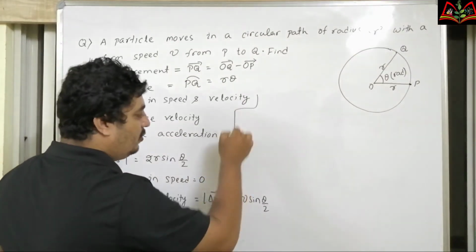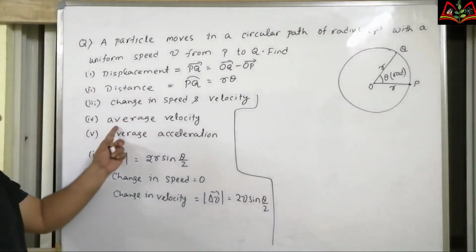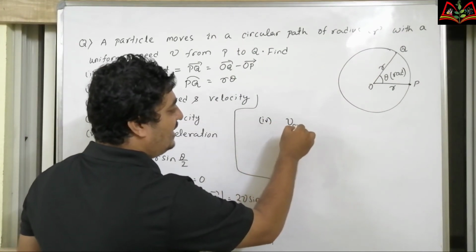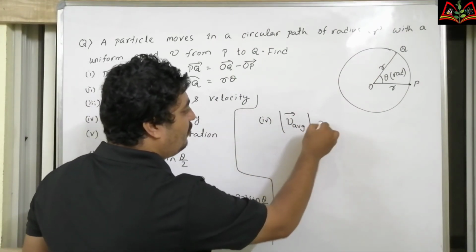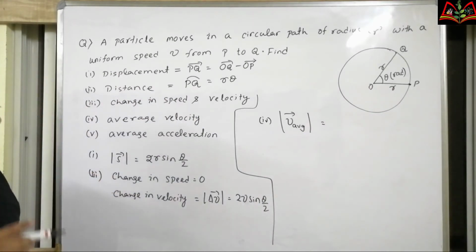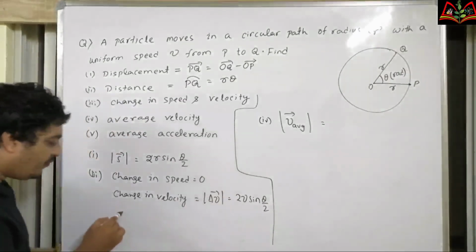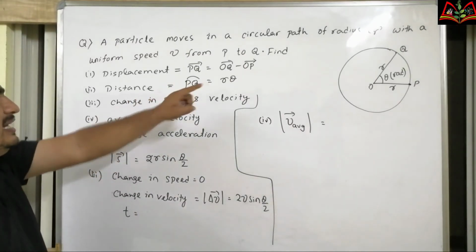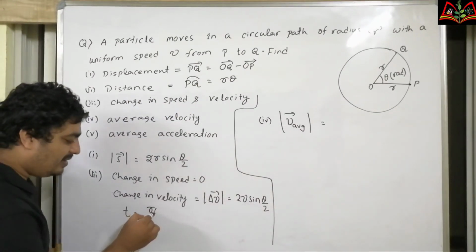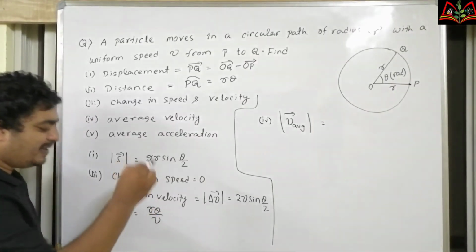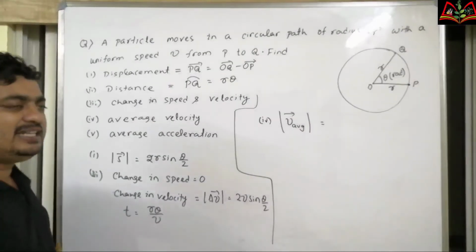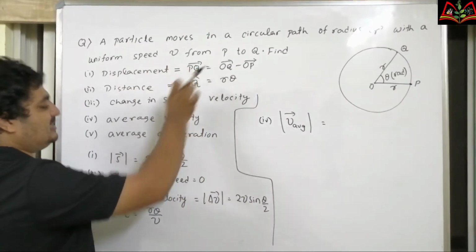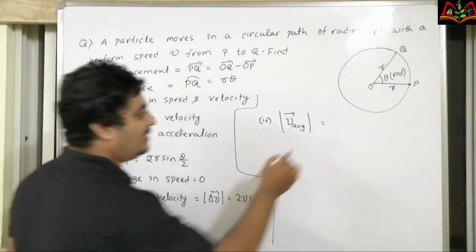Next part is average velocity. Now v average equal to total displacement by total time. So we have to find the time t here. Time equal to distance by speed. Now our distance is r theta, speed is v. So time taken is r theta by v. And our displacement is 2r sine theta by 2.